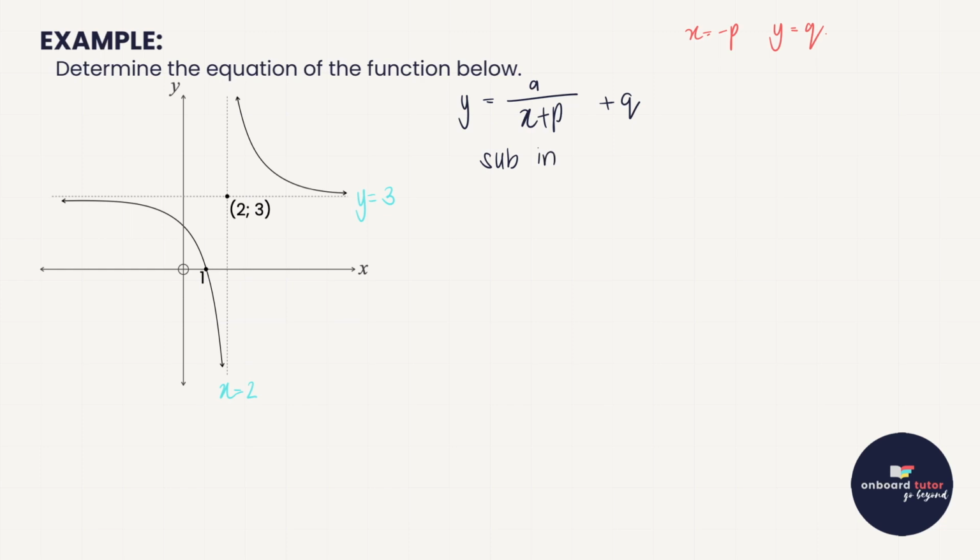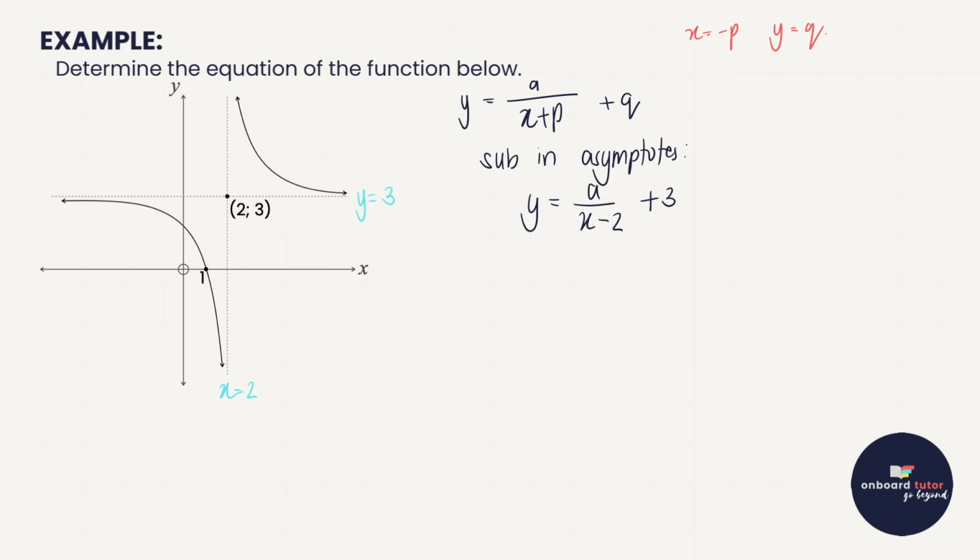Sub in the asymptotes. Okay, so I'm subbing in for p and q. This is where people sometimes get confused. They instead sub in for x and y, and that doesn't work out very well for them. Okay, so y is equal to a over x minus 2, look at that sign change, plus 3.